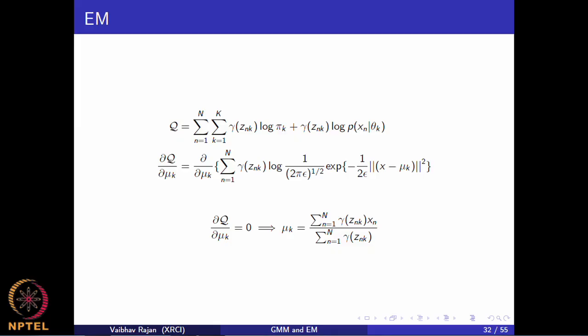And let us do the EM for this. So, EM, the first step is to calculate Q. So, you plug in this formula, it is the same as before because we are doing Gaussian mixture, it is just a special Gaussian mixture. And when you do the differentiation here with this simplified normal distribution, you again get the same formula, but the only difference is that this responsibility is defined in the way it was earlier, right.